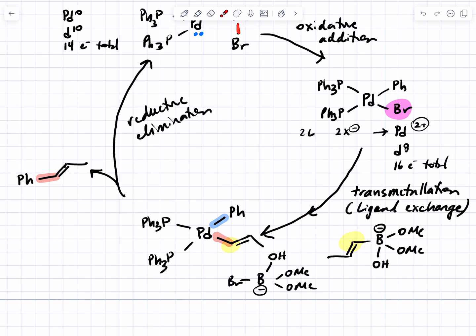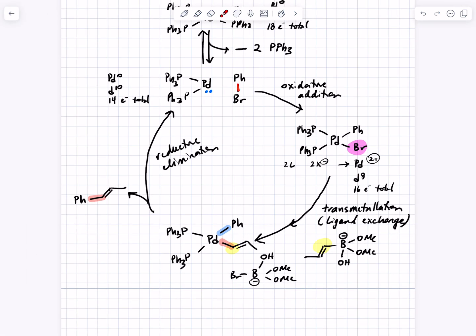And then lastly, there's a reductive elimination step where you can envision 2 of the electrons in one of these metal ligand bonds becomes the new phenyl group carbon bond that we make, and then the other 2 go back onto palladium, and that's reductive elimination. So in terms of that mechanism, I wouldn't necessarily expect you to be able to draw it out from start to finish, but if I showed you a step based on oxidation state, you should be able to say, yes, that's an oxidative addition step, or no, that's a reductive elimination step.